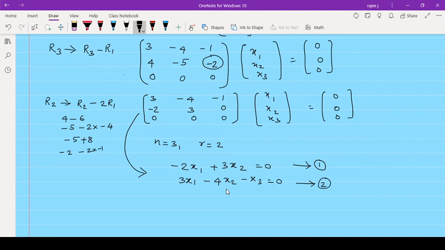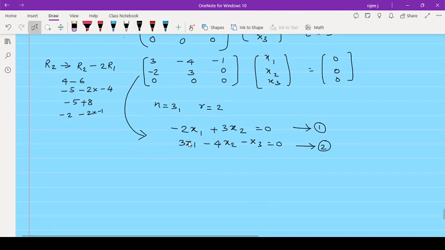Now see, in the first equation x3 is not there, in the second equation x1, x2, x3 are there. So you can put x3 equal to t, because n is 3, r is 2, so any one variable can be given an arbitrary constant.